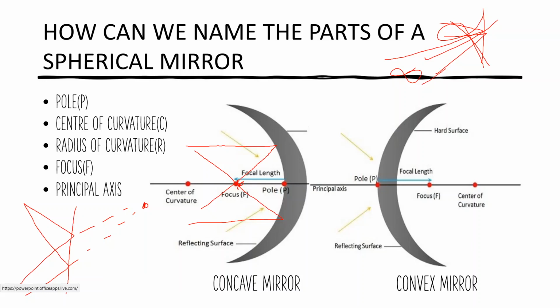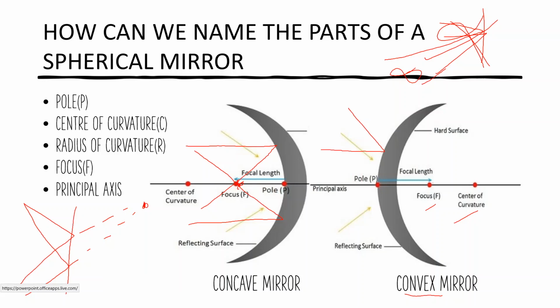Now these points are on the side of the reflecting surface? Yes, because they exist for this mirror. They are real. But for this convex mirror, they are virtual because they appear to be here, but they won't be here. Suppose I draw the same thing for this, it will be like this.